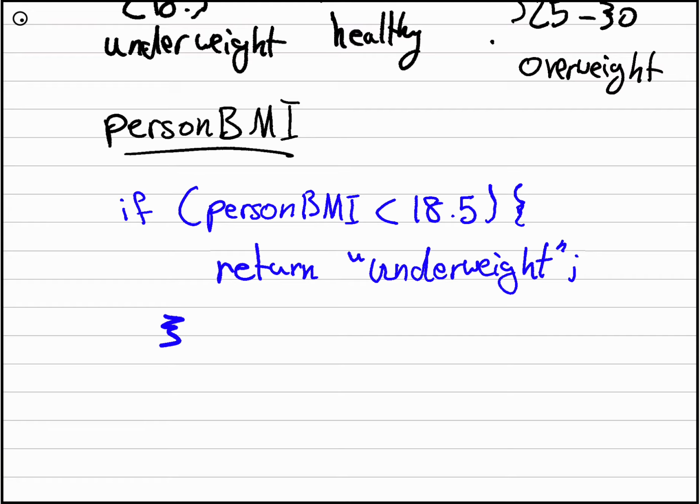If the person BMI is exactly 18.5, what would this evaluate to? It will give us an error, I think, because it's not less than 18.5. It will not return anything. It wouldn't return an error. It would just evaluate to false.